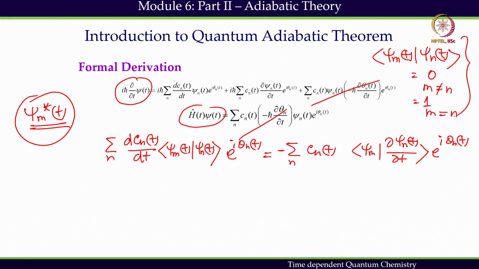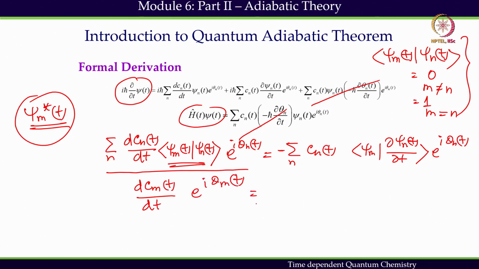So we'll make use of this, and this is a trick which we use on many occasions to reduce such equations. It is a very common trick. So this final expression will reduce down. Every other term will be 0 because of this term, except for when n equals m. So I get only this term surviving, dc_m/dt e to the power i theta_m(t).